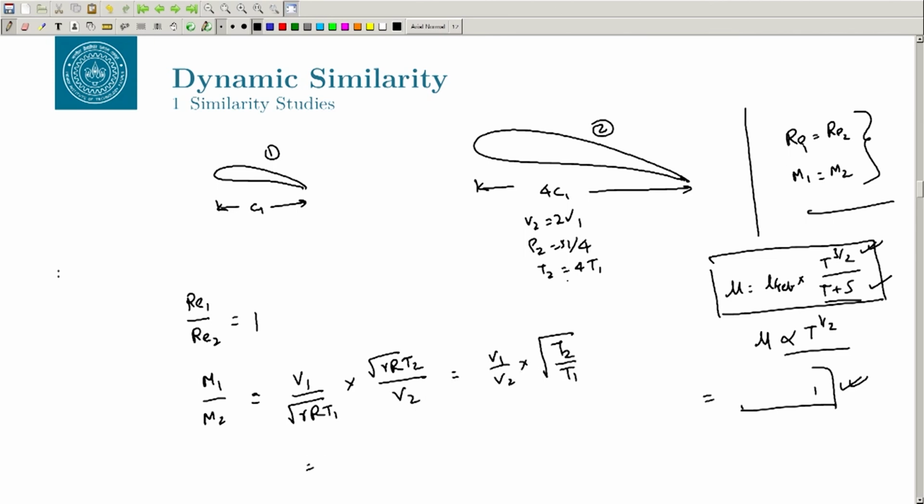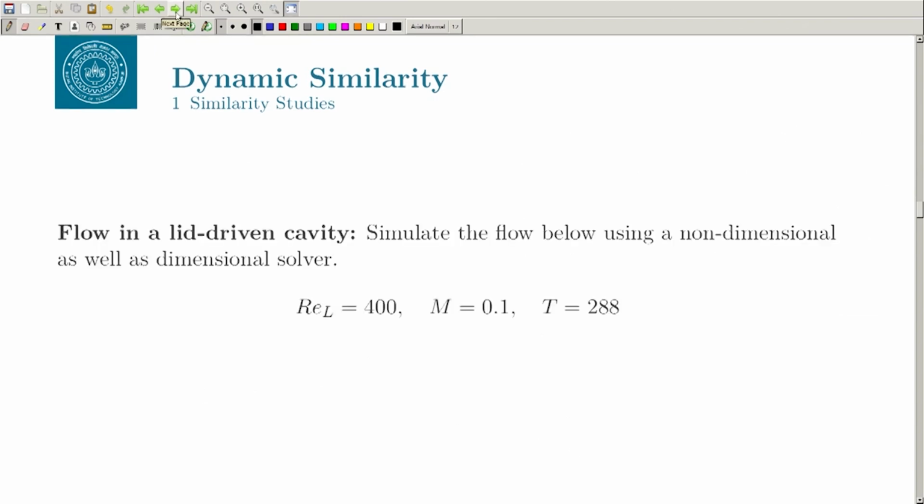V1 by V2 will be 1 by 2 and T2 by T1 is 4, the square root of 4 is 2, so 2 by 2 is equal to 1. That means M1 is also equal to M2. So, these flows are dynamically similar.